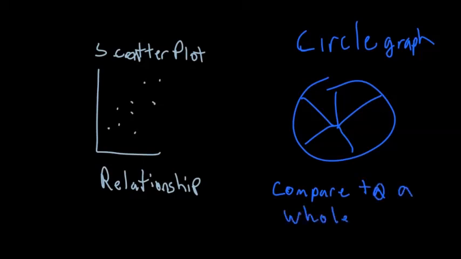So if you're talking about the activities you do in a whole day, the whole trip to somewhere, the whole class voted. So anything when you have a whole, then you can put it on a circle graph. And a circle graph, like the first two we discussed, will not show you individual results. It kind of groups the results into categories.